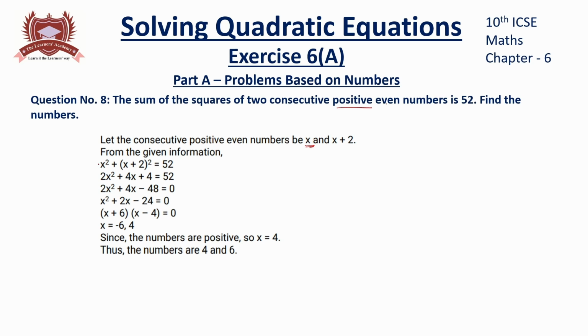So from the given information, x square plus x plus 2 whole square is equal to 52. अभी इसको फिर से अपन ओपन अप करेंगे तो वो आ जाएगा x square plus 4x plus 4, और इधर plus x आएगा, ये पहले वाला, it's equal to 52. सारों को ऐड करेंगे तो 2x square plus 4x plus 4 is equal to 52, और 2x square plus 4x minus 48 is equal to 0.